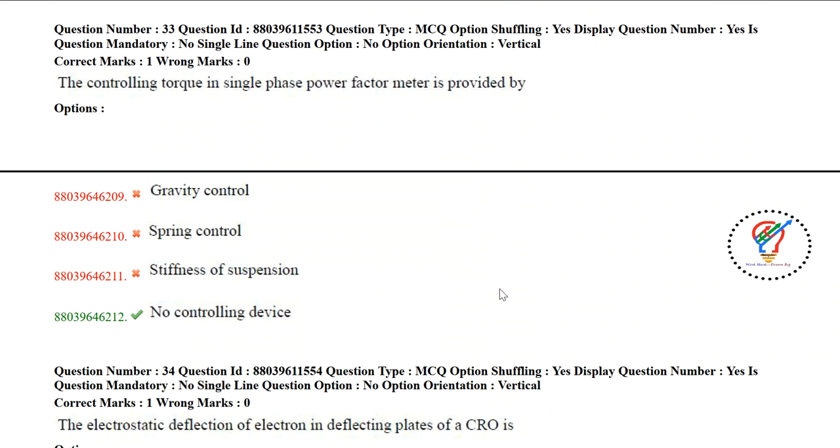Next one: the controlling torque in a single phase power factor meter is provided by? Remember this point, there is no separate controlling torque.